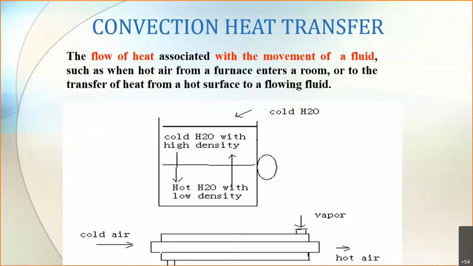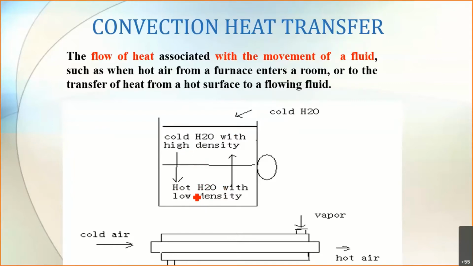You can see here in this figure, you will have, let's say, hot water with low density and cold water with high density. The hot water with low density will try to move upwards and the cold water with high density will try to move downwards.